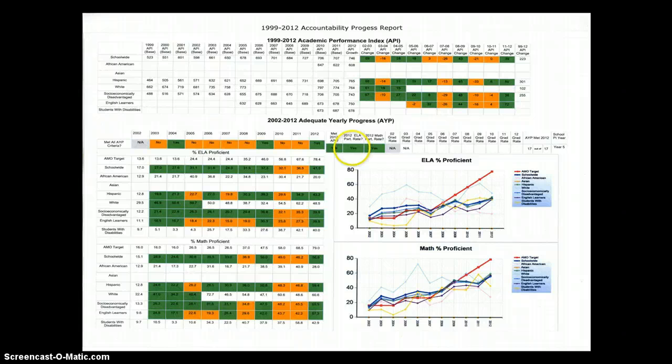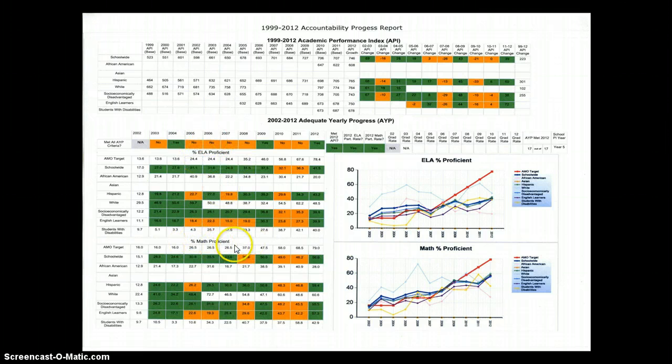You'll remember that the second element of AYP was the participation rate. It shows right here whether or not the school made a participation rate of testing 95% of each of your subgroups. And in this case, you can see XYZ school scored a yes in both math and English language arts participation rate.